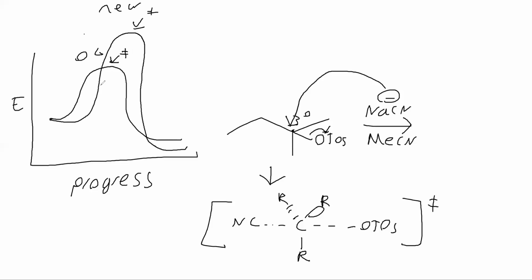So again, the difference between reactants and a transition state is the activation energy. And it should be pretty obvious that the activation energy increased for that new transition state because the transition state has higher energy because of steric strain here.